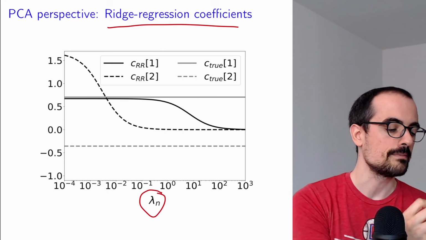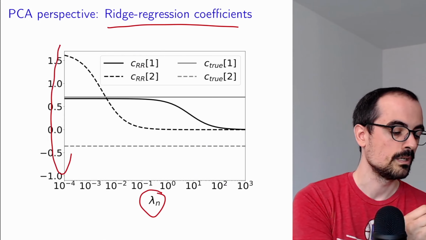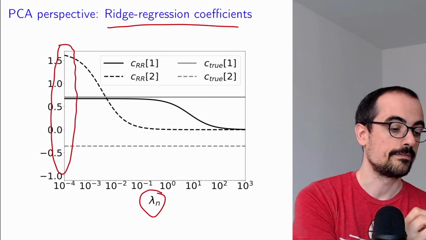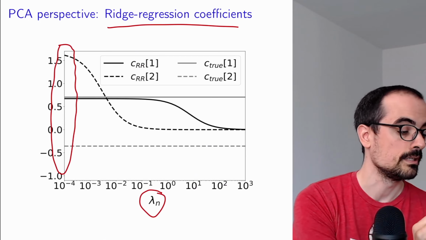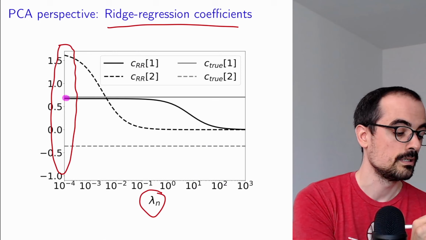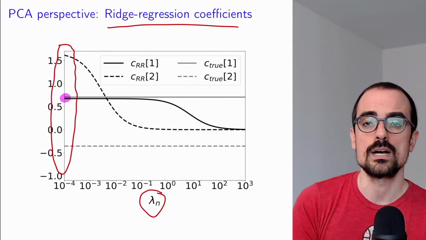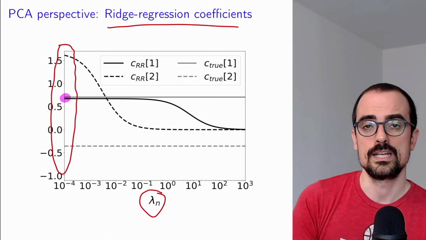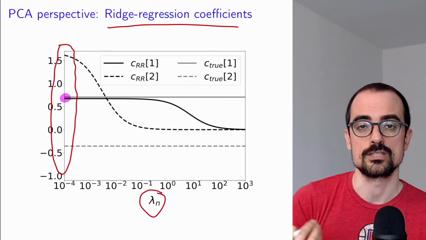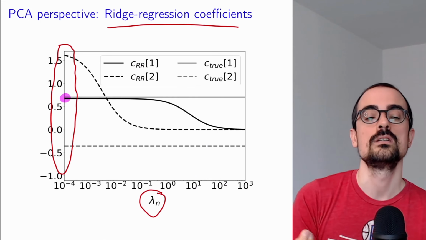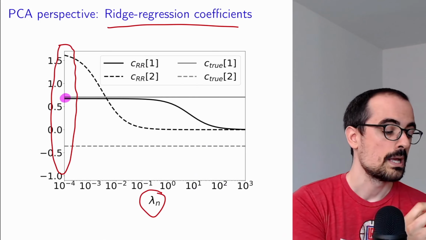When the regularization parameter is very small, here we see that the amplitude in the direction of the first principal direction is exactly right. Why? Because here noise amplification does not happen because the sample variance of the features in that direction is not very large.